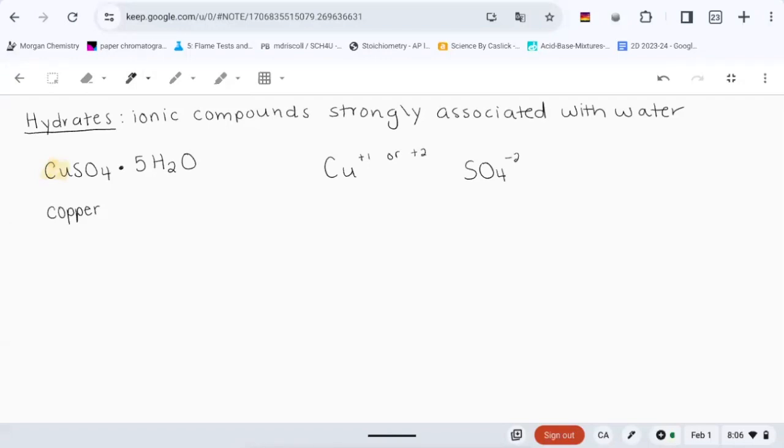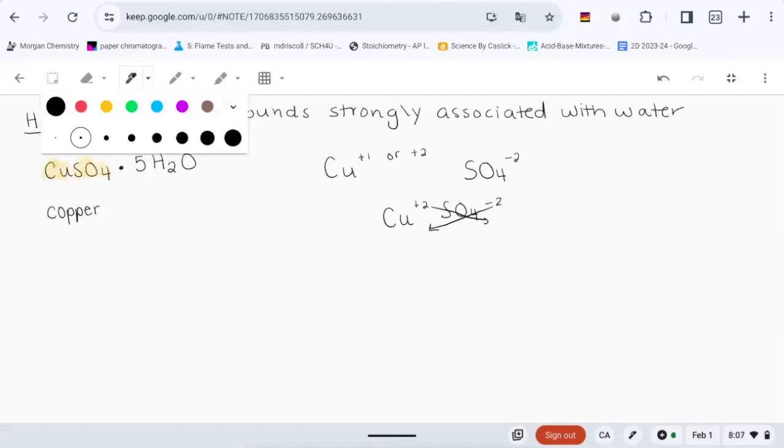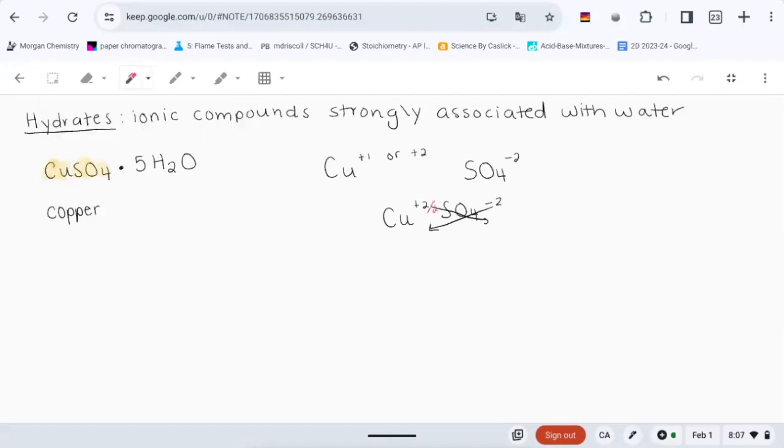I think it is -2. Yeah, and so we could try them both and just see what happens. So if we crisscross 2 and 2, well, we know that common factors can be divided out. And so in the end, I would have CuSO4.